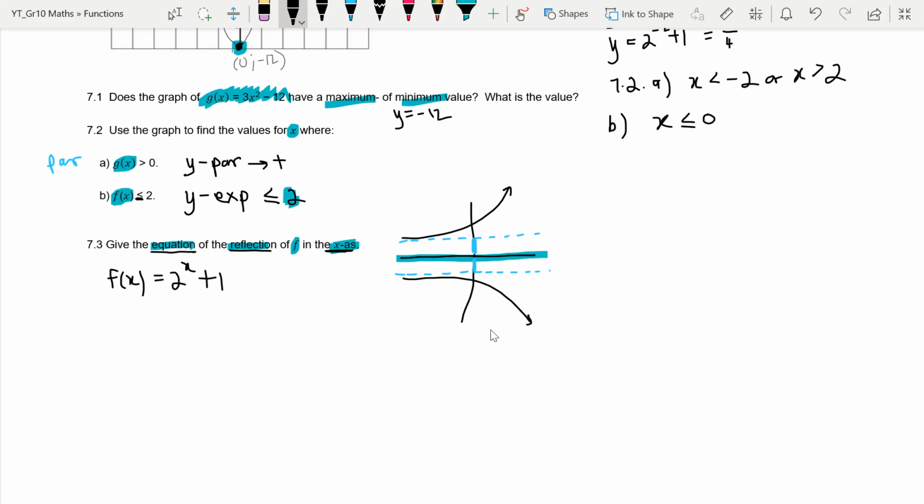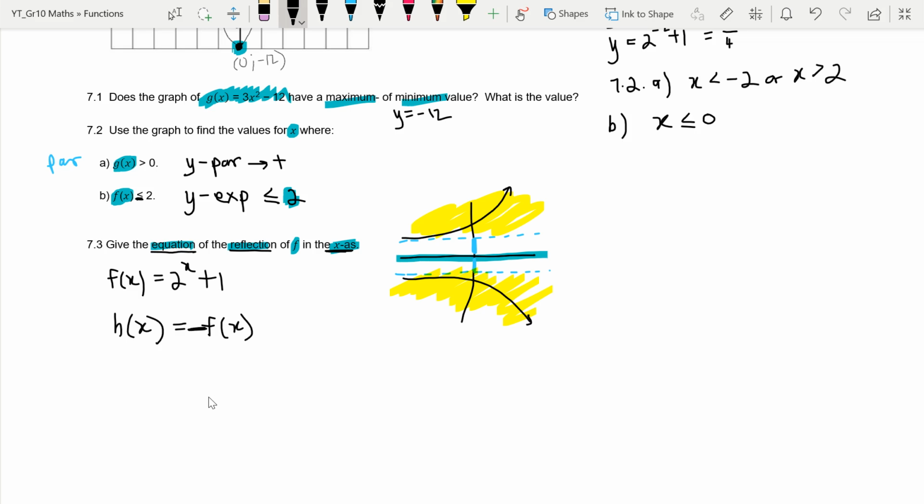But now they want us to give the equation. What's another way that we can look at it? We can say that all the y values that were positive will now be negative. So in order to find, let's call it h of x, we need to take f of x and multiply it by a negative.